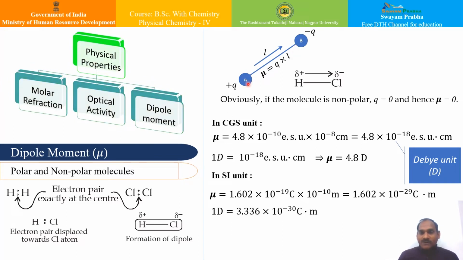Okay, this is the bond length of this molecule. In such case, the dipole moment mu of the molecule AB is given by mu is equal to Q into L.